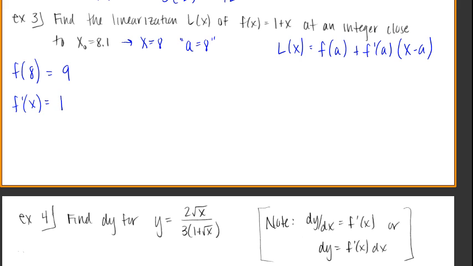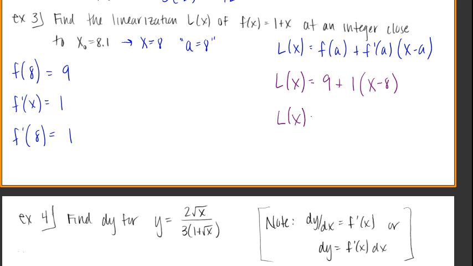The derivative is 1, and evaluated at 8 it's still 1 because there's no value to plug into. So L of x is f of a, which is 9, plus 1 times x minus 8. So the linearization for this function is x plus 1.